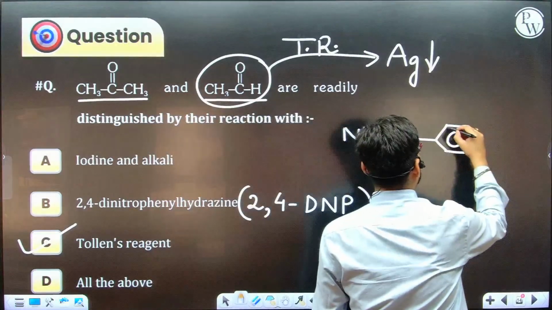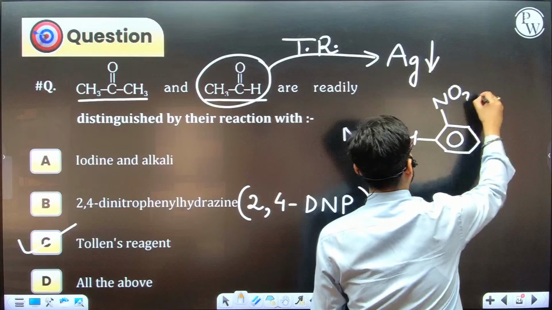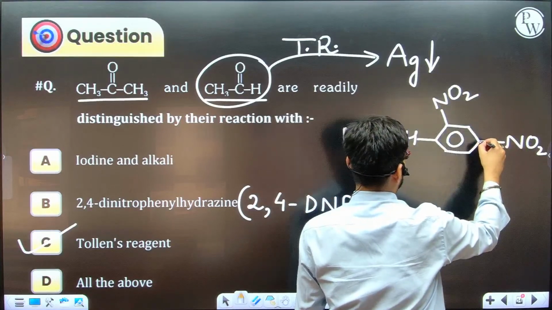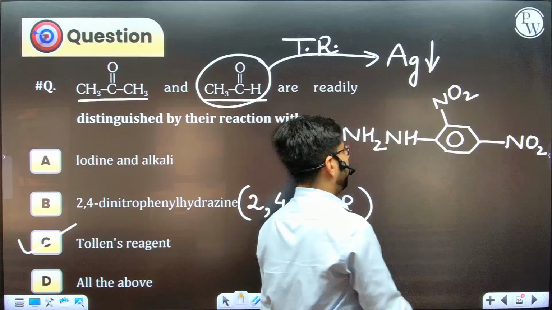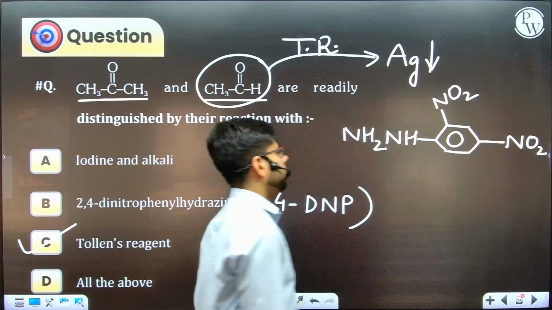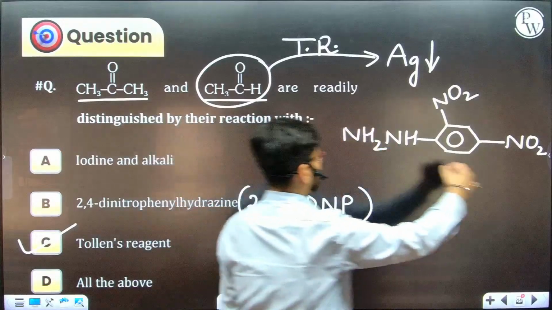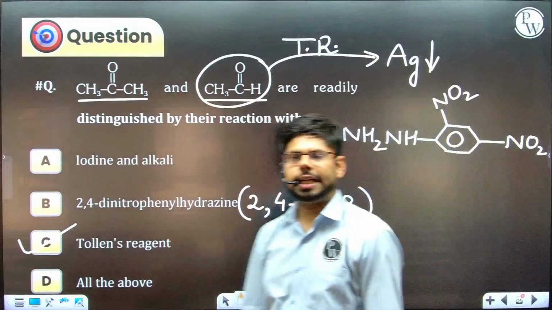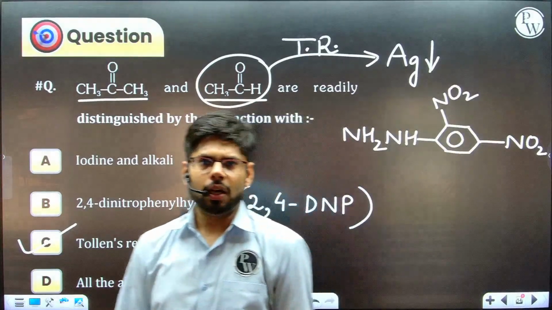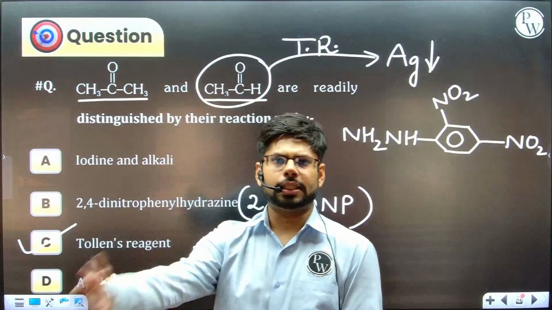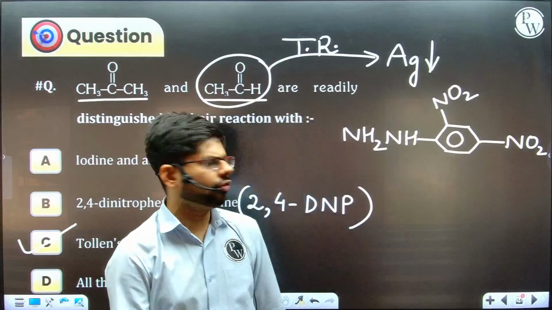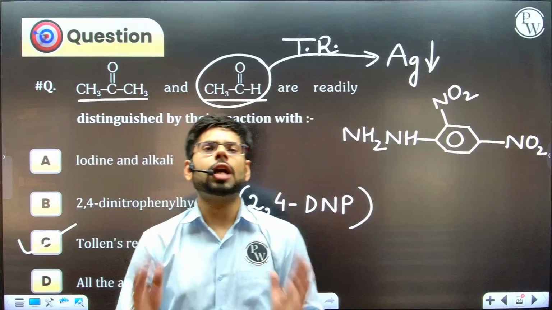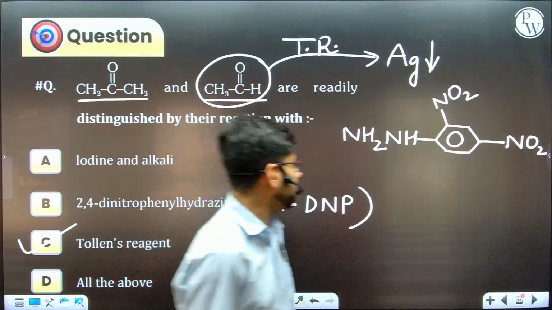Now, if I attach two NO2 groups, one at this point and the other at this point, I will call this 2,4-dinitrophenylhydrazine. So this is 2,4-DNP. It's used to detect the presence of a carbonyl group, which means the compound which produces some colored product when treated with 2,4-DNP contains either an aldehyde or a ketone, because all carbonyl compounds undergo reaction with 2,4-DNP.